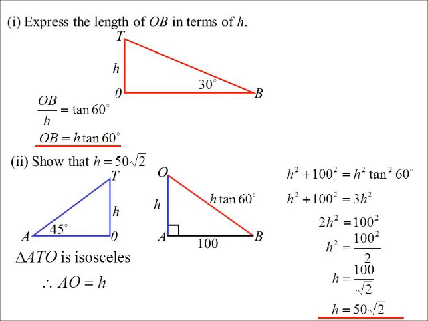And so we end up with, eventually, playing around with Pythagoras... Oh, still not there. H squared is 100 squared on 2. So H is 100 over root 2. Still not quite what they want. Rationalise the denominator, and we do indeed get 50 root 2.